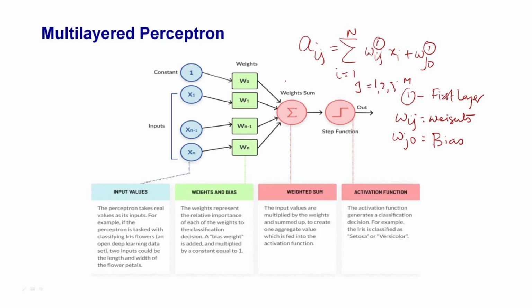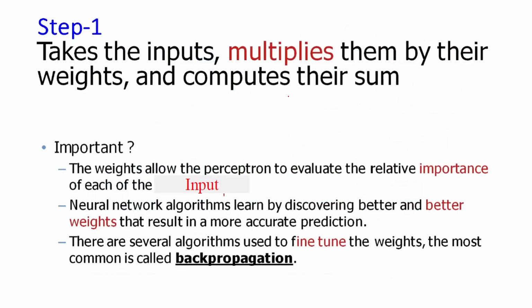This is what I wrote on the board also. So, in step 1, that is what we do: multiply with weights and simply compute their sum. Neural network algorithms also learn by discovering better and better weights. So, what do you do?